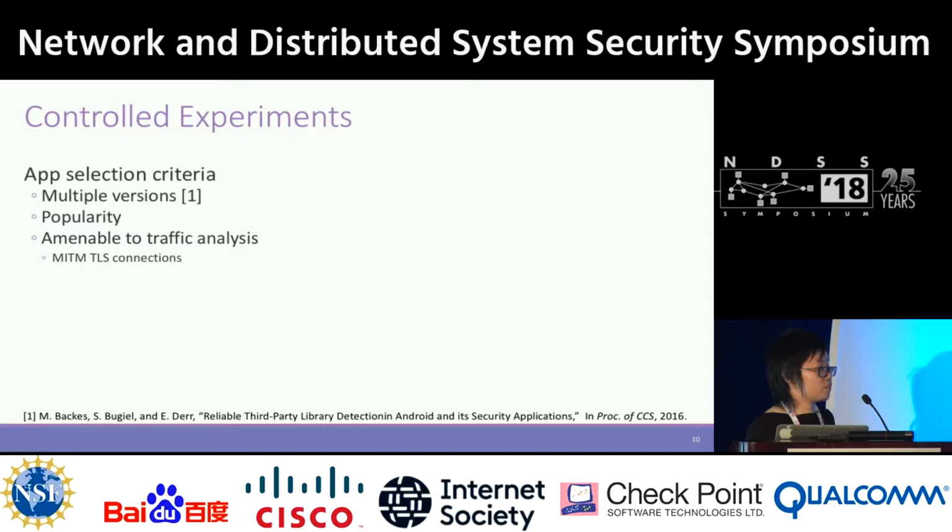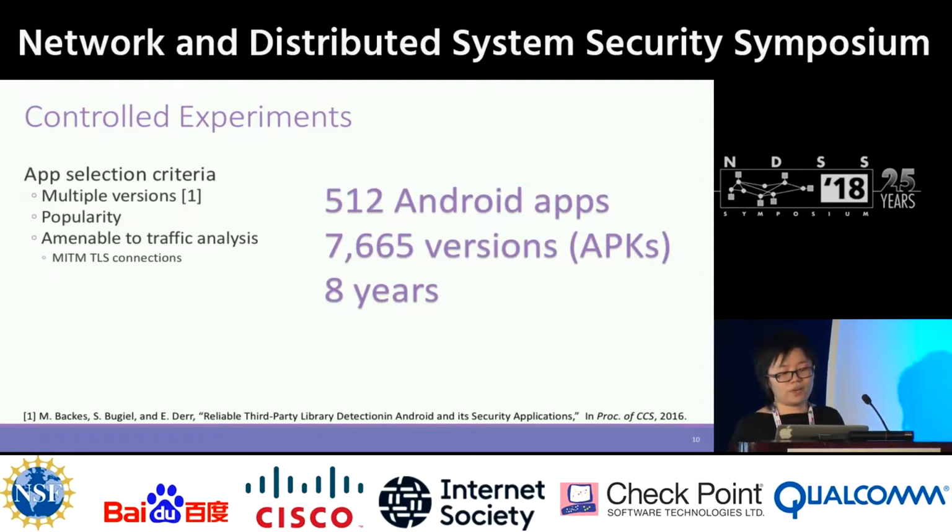Also, because of the system we are using to detect privacy leaks, we want to make sure that we are able to man-in-the-middle the traffic. So after the filtering, this got us 512 Android apps that covered over 7,000 unique versions. The timeline spans over 8 years. And in the Android system, we use APK to refer to a unique version. An app may have multiple versions.